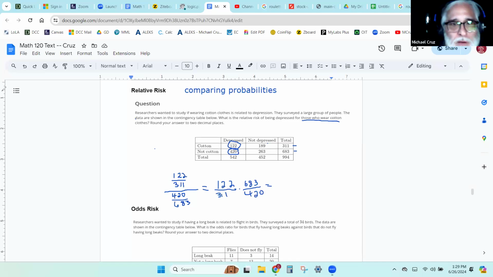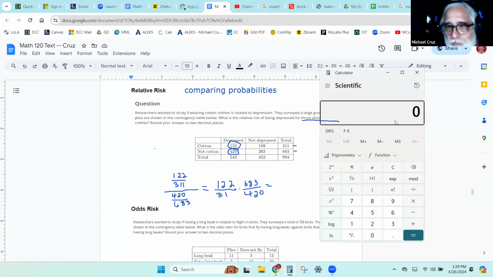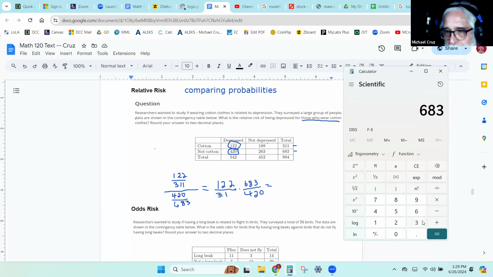So this comes out to, I'm just going to do it on the calculator. I'm not going to do any more there, just for the sake of time. All right, so I'm going to do 683 divided by 420. That's going to get stuffed into the memory, and I'm going to multiply.